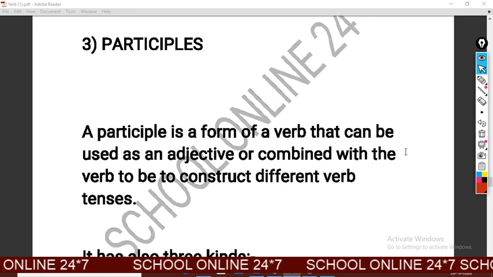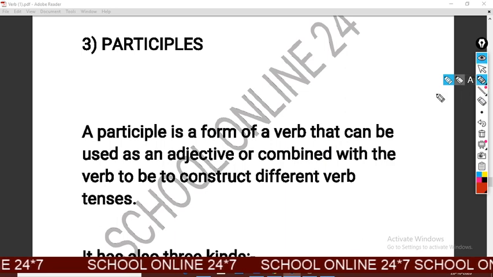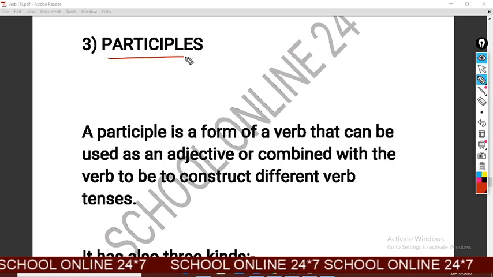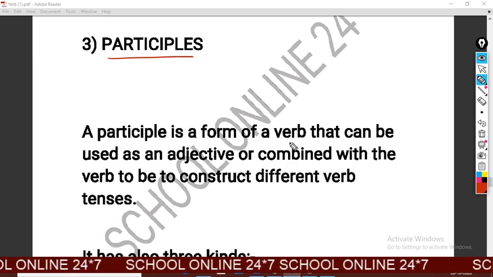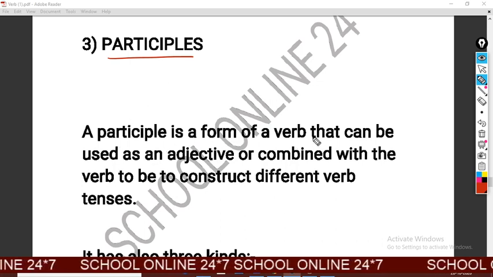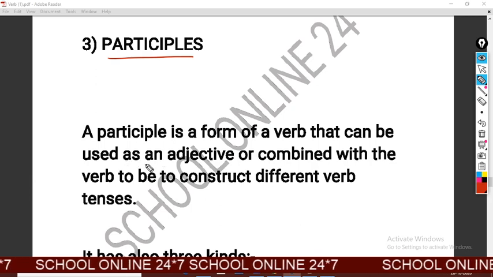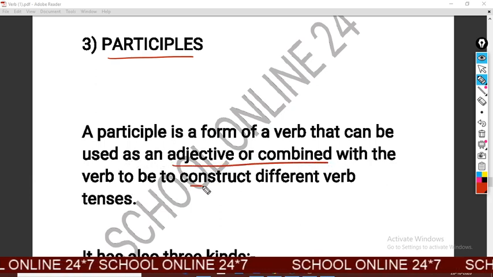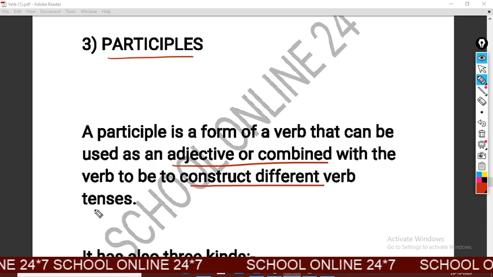Now third and the last kind of the non-finite is your participles. A participle is a form of a verb. It is also a form of a verb that can be used as an adjective or combined with the verb to be to construct different verb tenses.